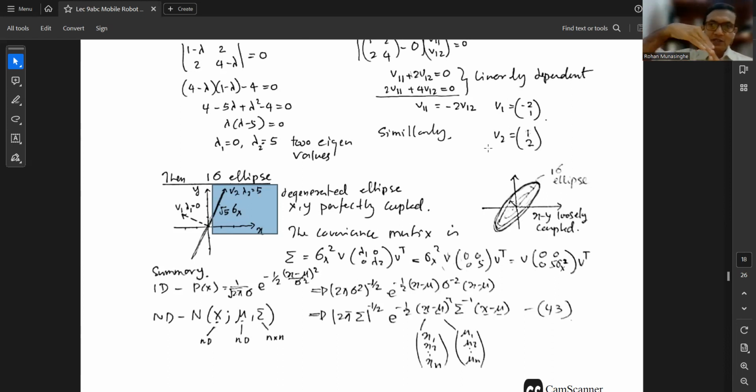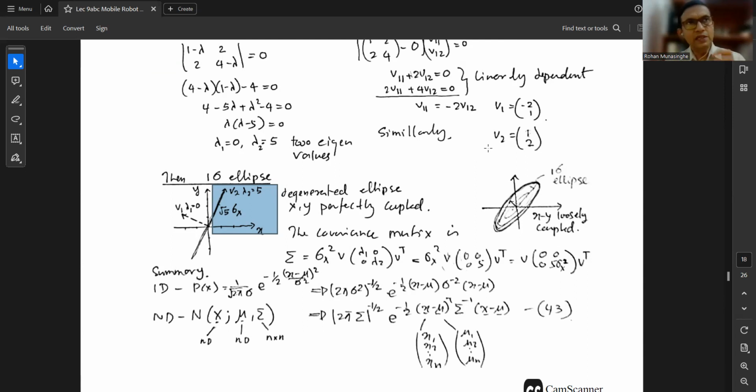You have the major axis, but the minor axis is 0, right? So this is a perfectly coupled system. The two wheels are perfectly coupled. So when there's an error in one direction, we have a proportional error in the other direction. Okay, so they're tightly coupled. Small error, small error, big error, big error in the same proportion. The two gear wheels are like that.